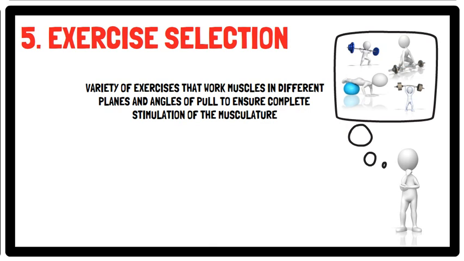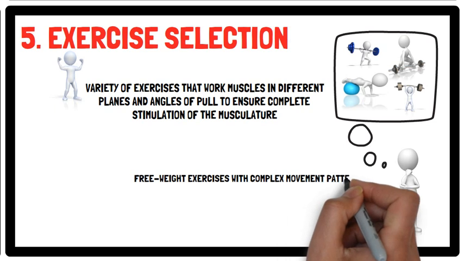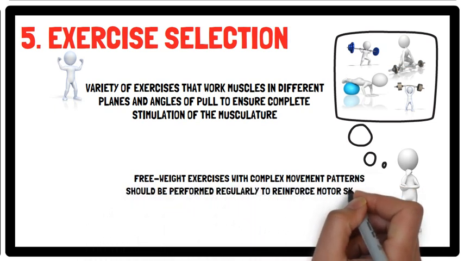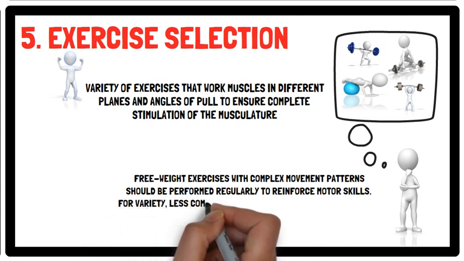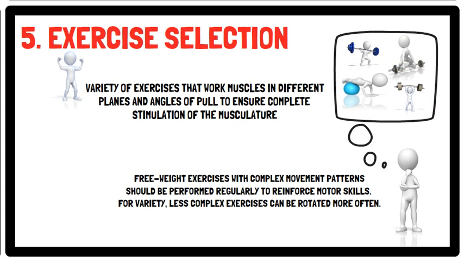Programming should include a combination of multi and single joint exercises to maximise whole muscle development. It should be noted that freeweight exercises with complex movement patterns should be performed regularly to reinforce motor skills. When it comes to ensuring variation within your program, less complex exercises can be rotated more often.